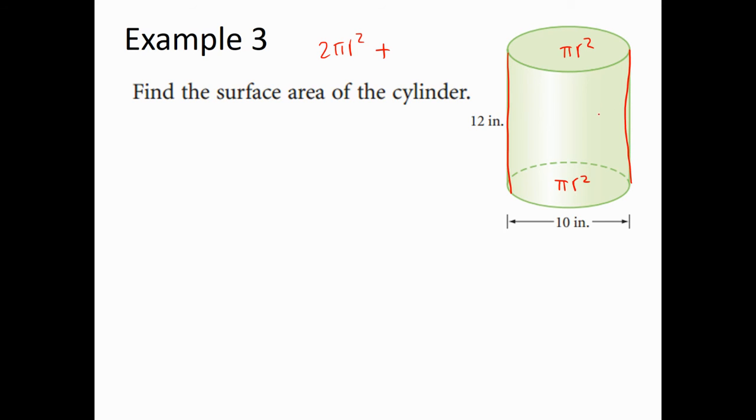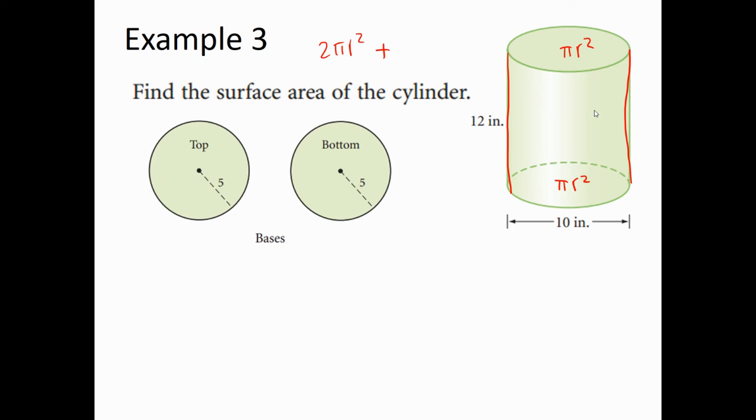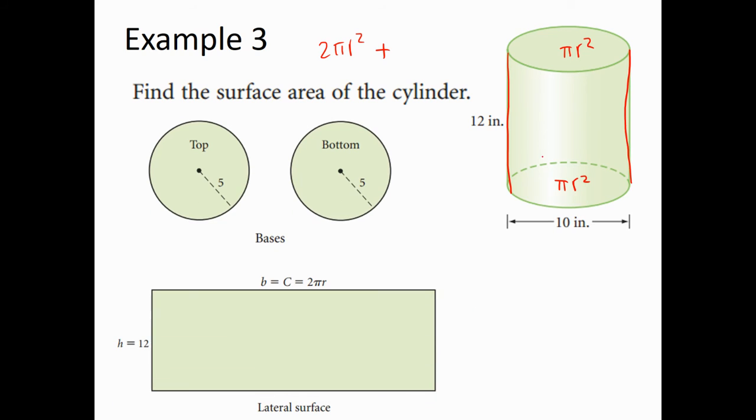If we lay this flat, we've got the top and the bottom, and then we've just got a rectangle. We know the height of that rectangle is 12, but the base of that rectangle is equal to the circumference of the circle. The circumference is 2 pi times the radius, or you could think of it as diameter times pi.